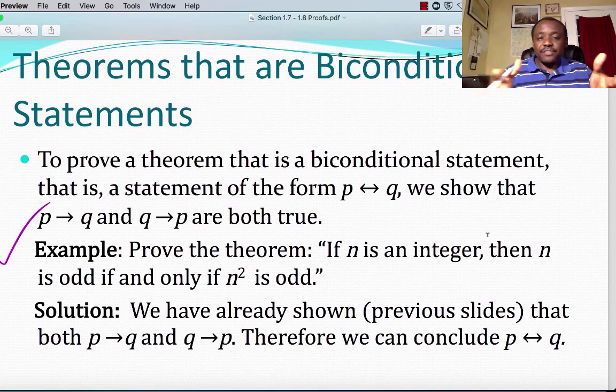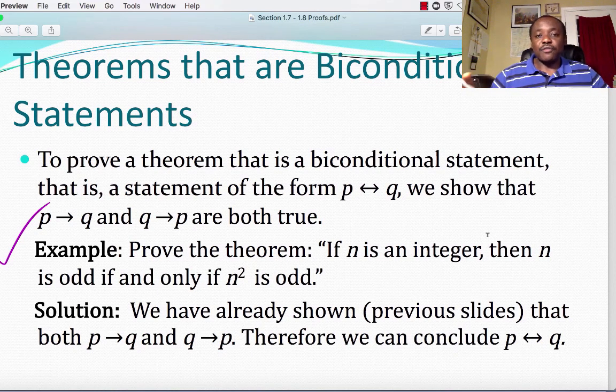Now, before I leave this portion, I should also mention proofs that involve the words "the following are equivalent." If I ask you to prove that the following are equivalent and I give you statements A, B, C, D, what you do is you prove that A implies B, B implies C, C implies D, and D implies A. That is how you prove statements of the form "the following are equivalent."